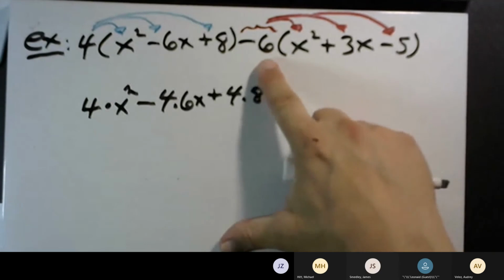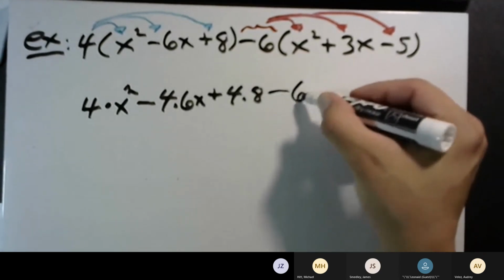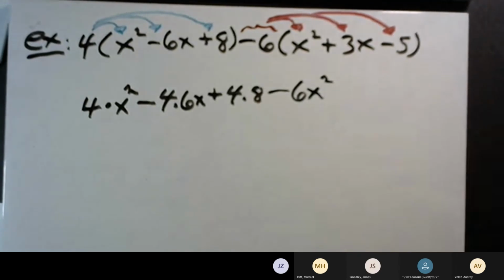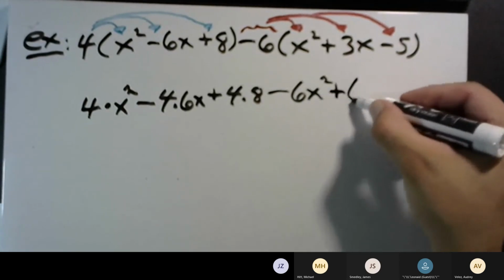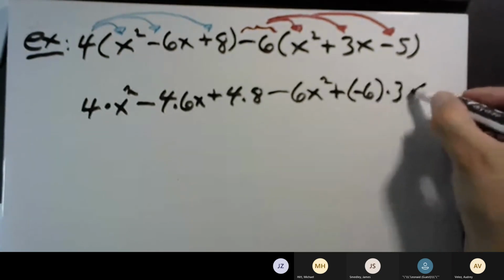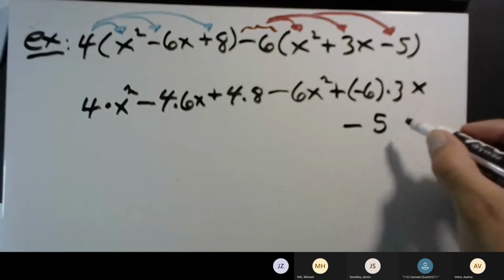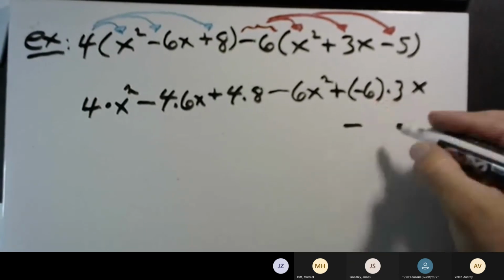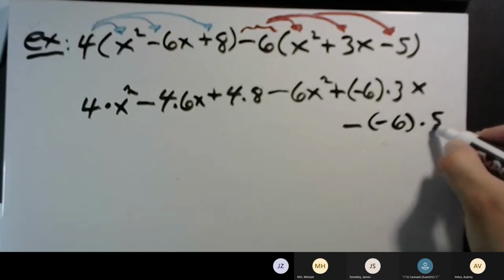Now, -6 times x squared, minus 6 times x squared, plus -6 times 3x, minus -6 times 5.